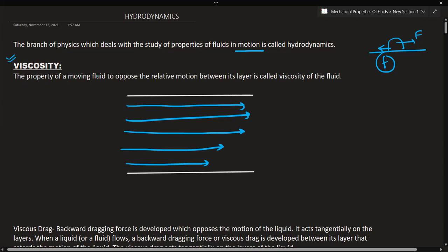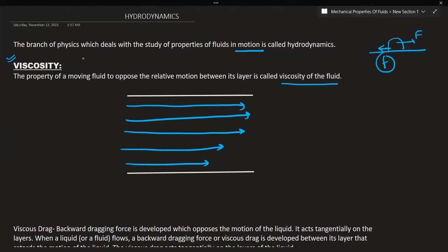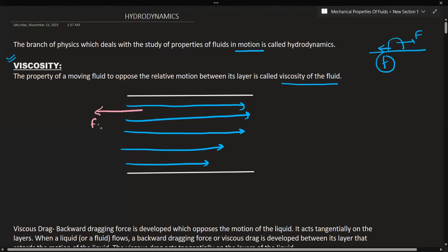So the property of a moving fluid to oppose the relative motion between its layers is called the viscosity of the fluid. Like if these layers are moving forward, then a backward viscous force will be acting. The way we have frictional force, which opposes the motion and acts along the side opposite to the motion, similarly we have viscous force, which acts along the opposite side of the motion.